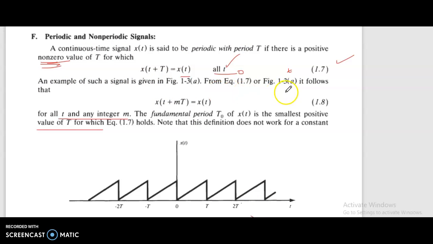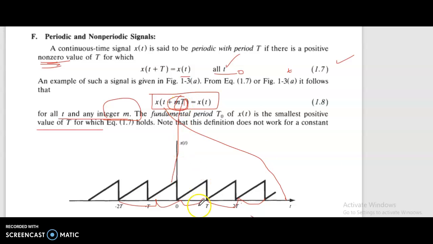Example, such a given signal. It follows that x of t plus mT, where m means an integer, full, not half.